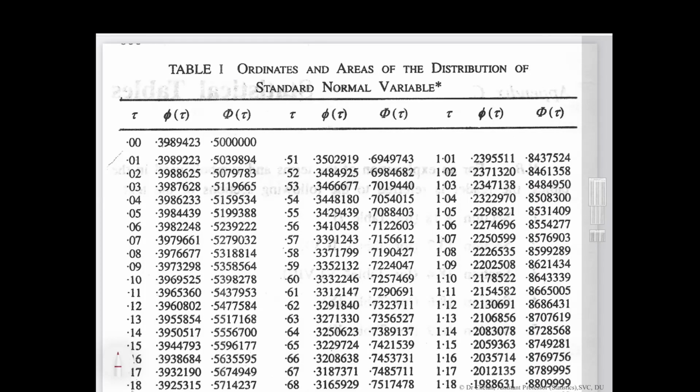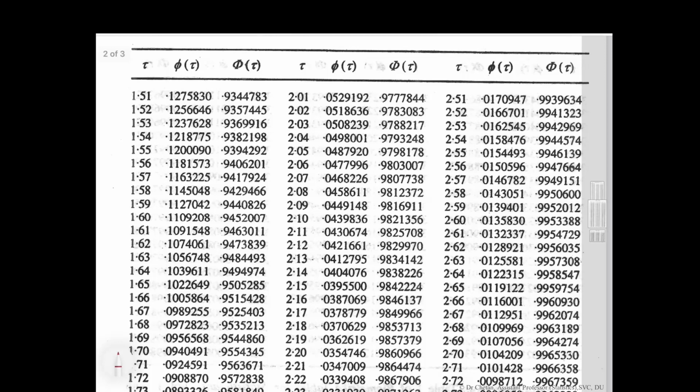For finding out the value of small phi of Z, we need a table for the ordinates of the standard normal variable. In this particular table, tau is given, but we are using Z in place of tau in our practical. If we find the value 2.61, we will get the corresponding value of small phi of Z, which is given by this quantity.